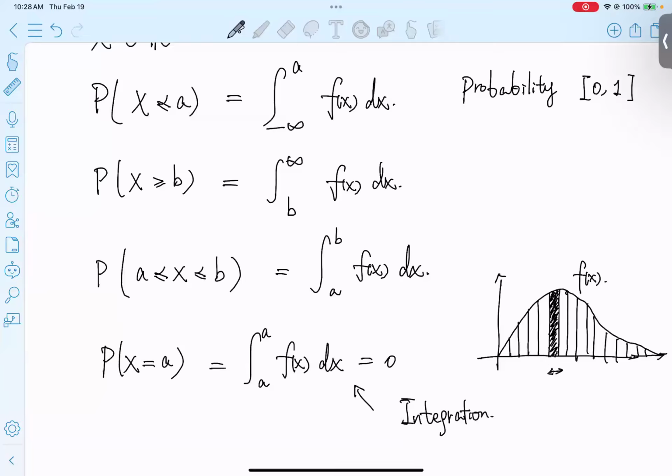Then you make them infinitely small, like the width of this triangle being very, very small. The area here will eventually collapse to 0, so it will not have an area.